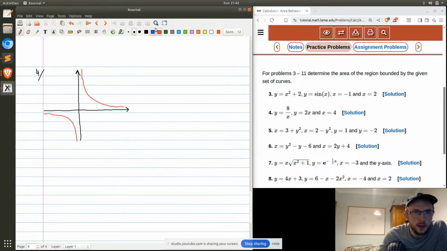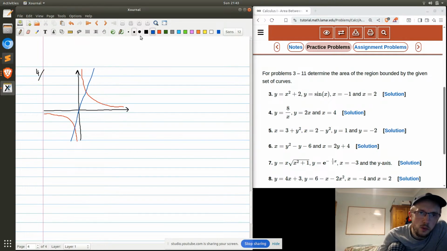And y equals 2x will look like this. And we are to do it. I see. Okay. All right.